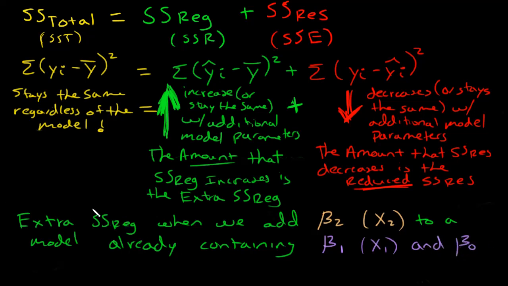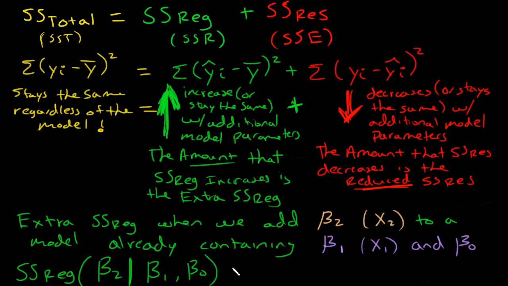So basically, what is the extra sum of squares regression? We start with the simple linear regression model, and then we add on this additional model parameter x2. Notation-wise, we want to find the sum of squares regression for this new parameter beta 2, given that beta 1 and beta naught were already in the model.